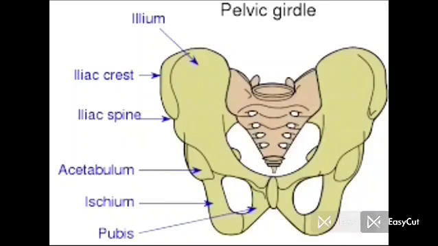Now each of these hip bones is composed by the fusion of 3 different types of bones which are called ilium, ischium and pubis. Now by the fusion of these 3 bones, there is a formation of a cavity which we call acetabulum.